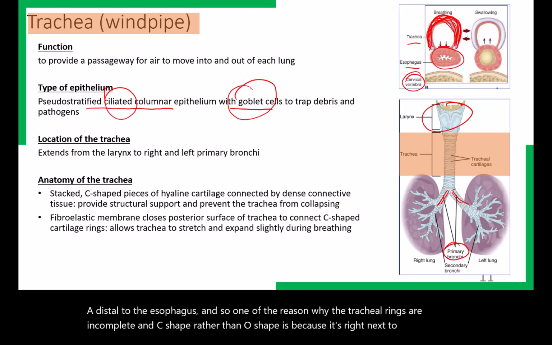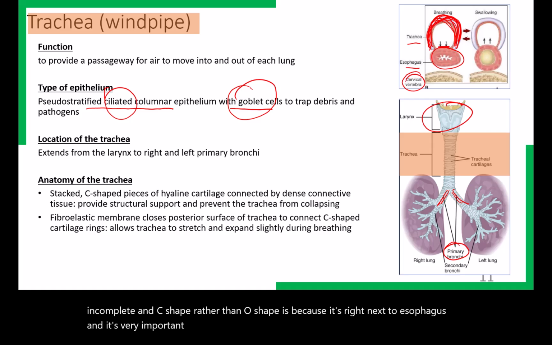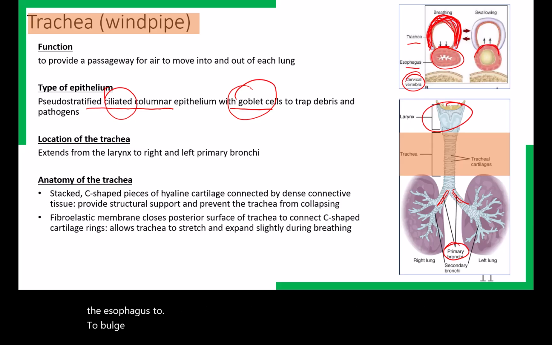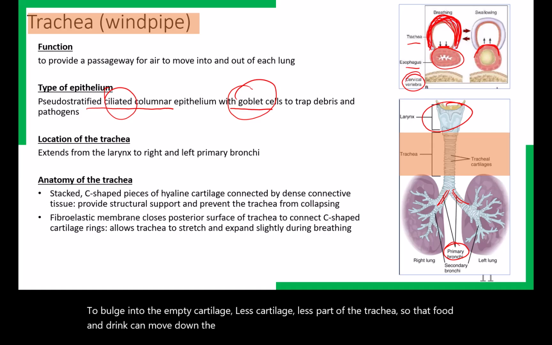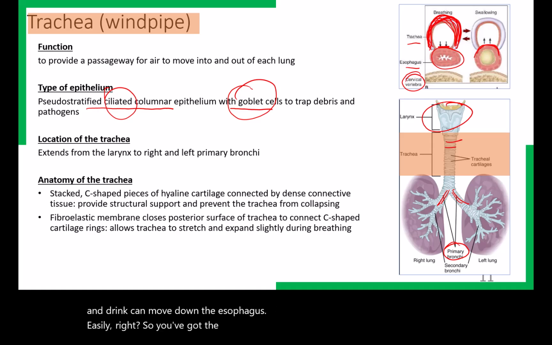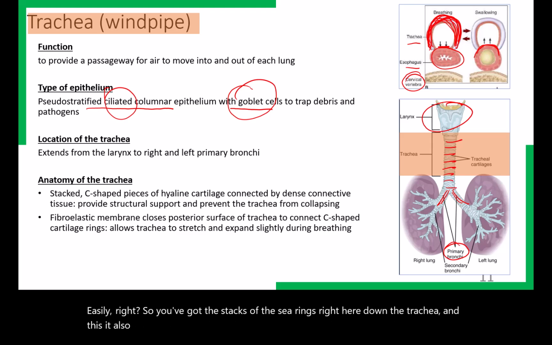And it's very important when food or drink goes down the esophagus, because that allows the esophagus to bulge into the empty, cartilage-less part of the trachea, so that food and drink can move down the esophagus easily, right? So you've got the stacks of these C rings right here down the trachea, and it also helps when air moves in and out.